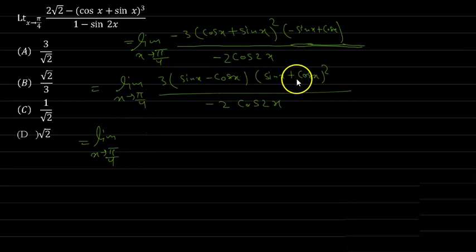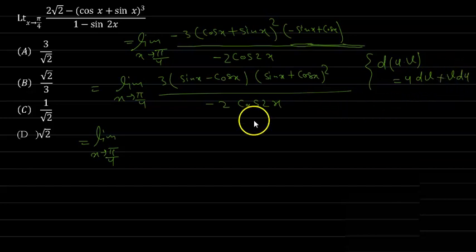So differentiate this, apply the UV rule, that is if the derivative of two functions is given in product form, u dot v is equal to first function as it is times derivative of second function, that is dv, plus second function as it is times derivative of first function, that is du.